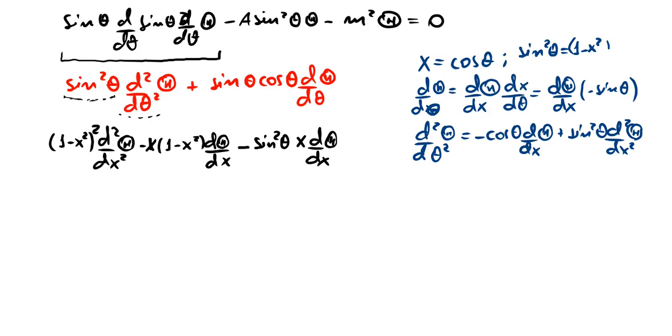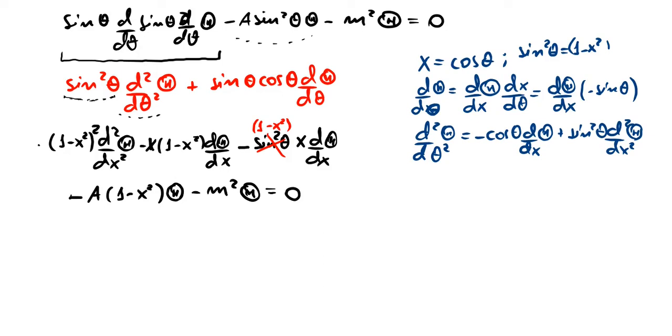Then this sine squared here, I'm also going to write already as 1 minus x squared, right? Then what else? There will be this term here, which I can write as minus a sine squared, I can write 1 minus x squared theta, minus m squared theta is equal to 0. That's my actual equation now.